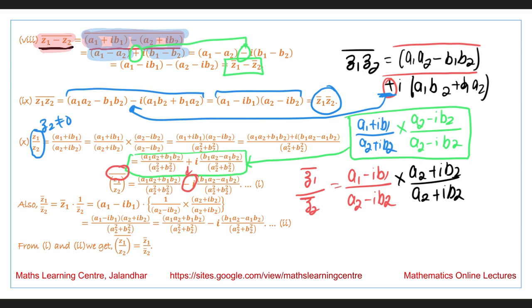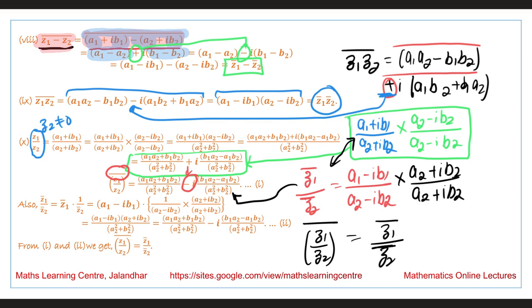When you multiply these terms, you will see that the final answer is the same in both cases. So the result we get is that (z1 over z2) conjugate is equal to z1 conjugate over z2 conjugate, and it is division here. So this condition, z2 not equal to 0, is important.